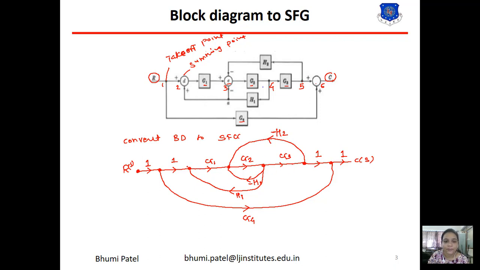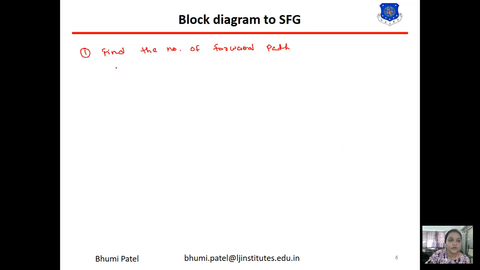So the first forward path is G1, G2 and G3, and the second forward path is G4. H1 and H2 are in the reverse direction, so they are not considered in the forward path.